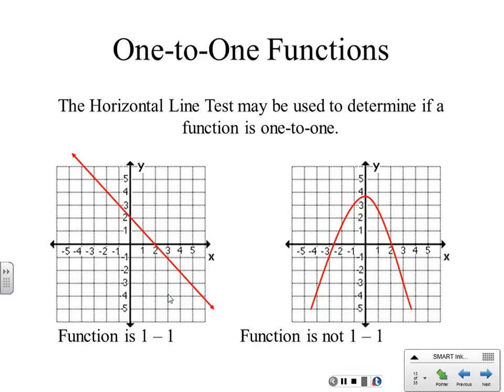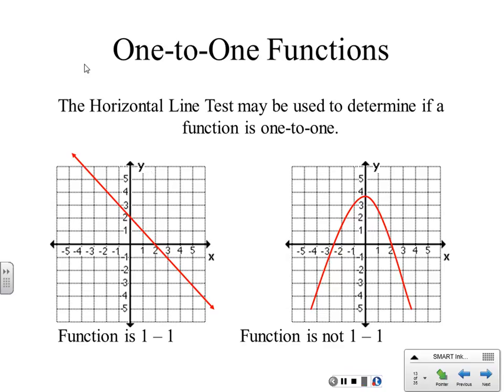So the first thing is this. Since we are talking about a flipped function, in order to check for a one-to-one function, you're going to use the horizontal line test. And that should make sense because when we're talking about functions, in Chapter 8, we use the vertical line test. Well, now we're talking about the inverses, so you're going to use the horizontal line test. So it's the same concept.